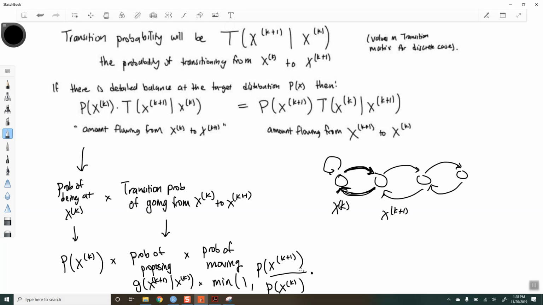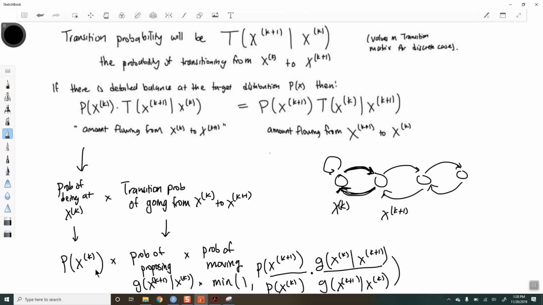Times, for the Metropolis Hastings, you have to then balance this out by doing this: xk given xk plus 1 and xk plus 1 given xk. Right? Is that okay? Sorry, this is a lot of text there.